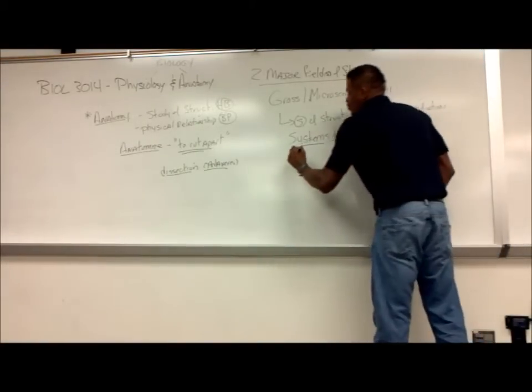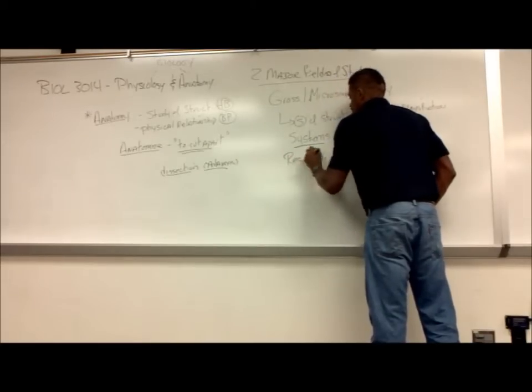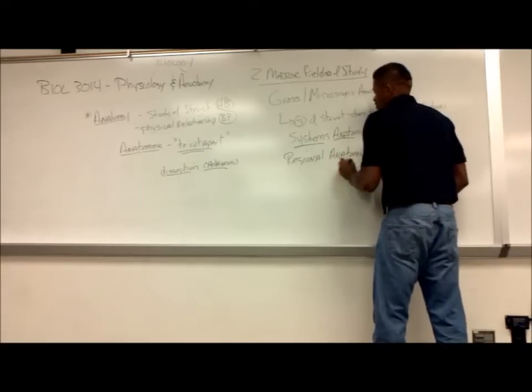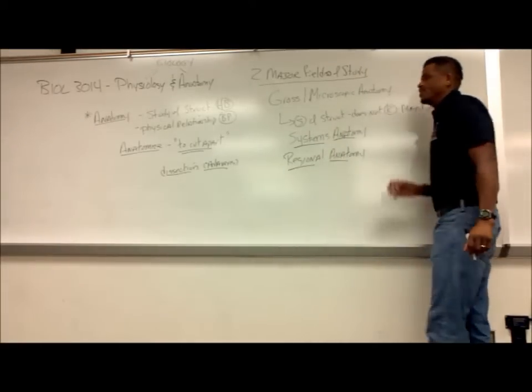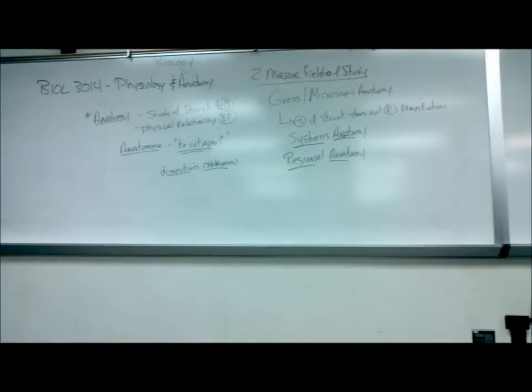Another type of gross anatomy is regional anatomy. When we say regional anatomy, we're just studying all the parts of a particular region of the body that does not require magnification.